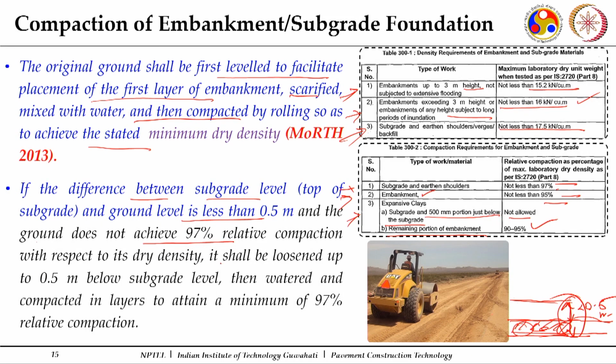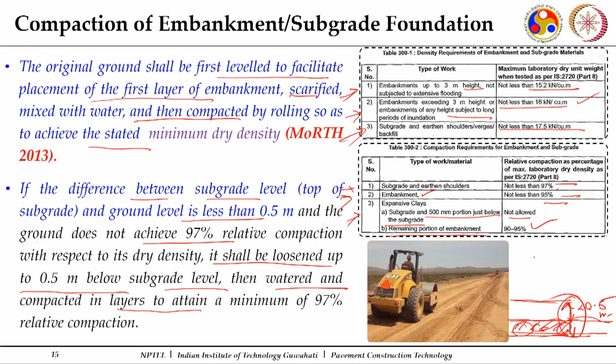So, it shall be loosened up to 0.5 meter below the subgrade level and then watered. For recompacting it, I need to water it. The required amount of moisture is to be added to achieve the optimum moisture content, and then compacted in layers.